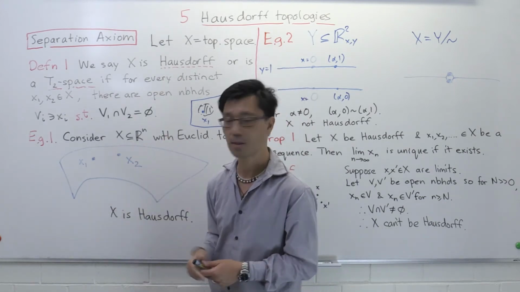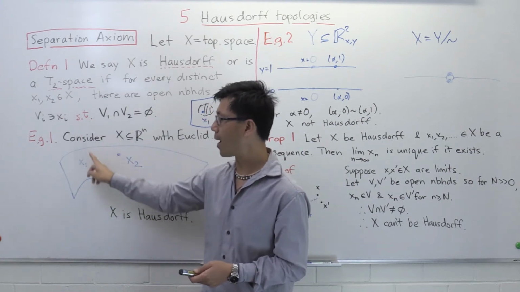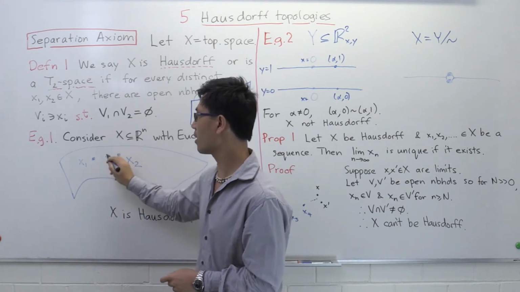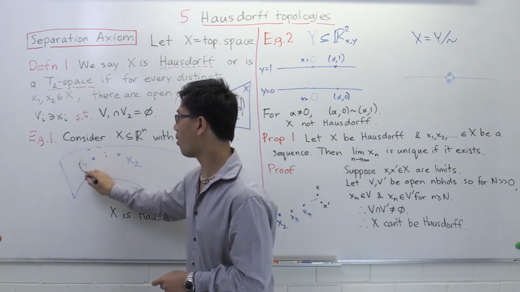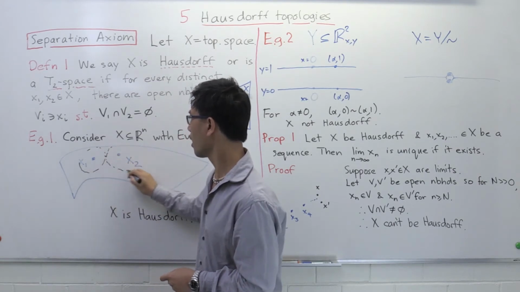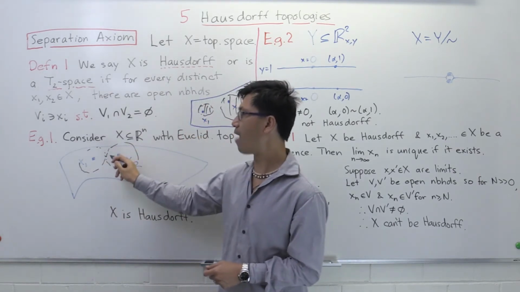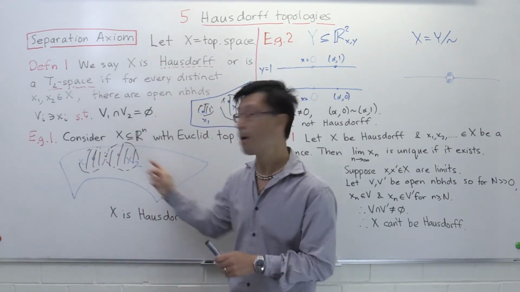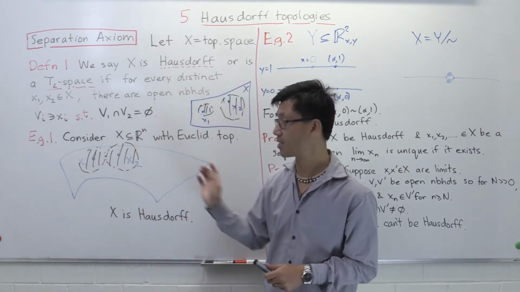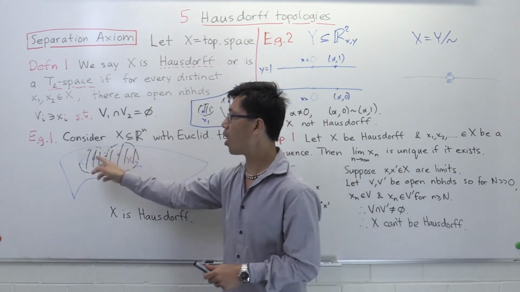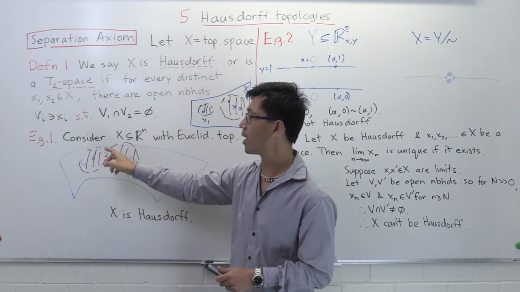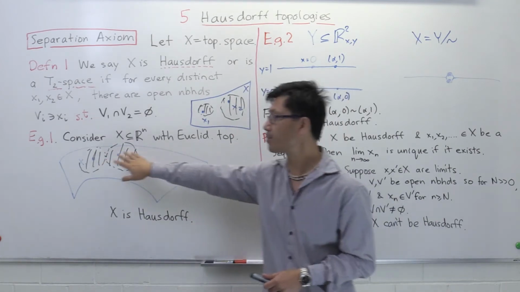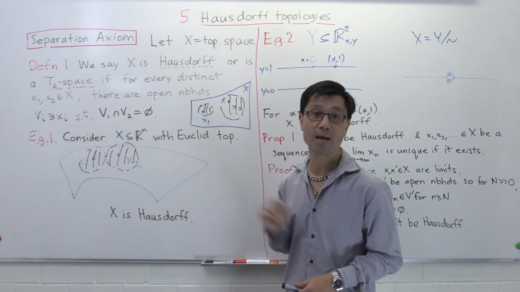If we pick any epsilon ball about x1 and x2, maybe the midpoint is here, as long as epsilon is at most half the distance between them, those 2 open sets will be disjoint by the triangle inequality, essentially. So there are 2 open neighborhoods of those points whose intersection is empty, and since you can do this for any pair of distinct points inside X, this is going to be a Hausdorff space.